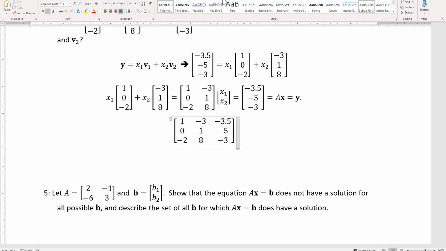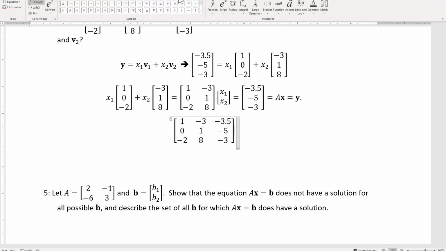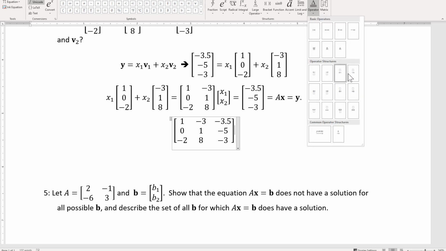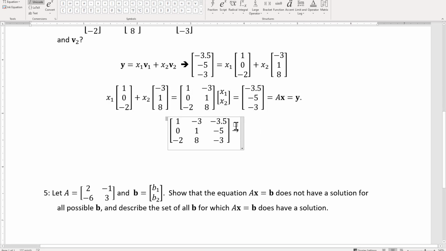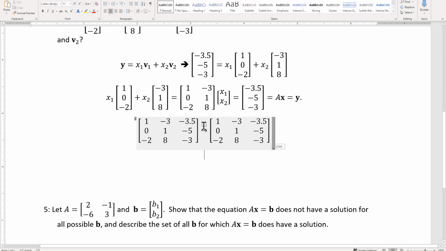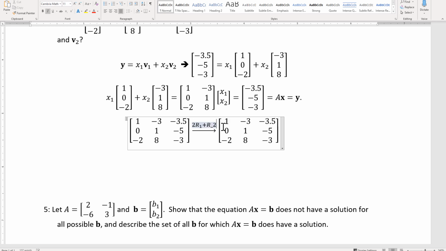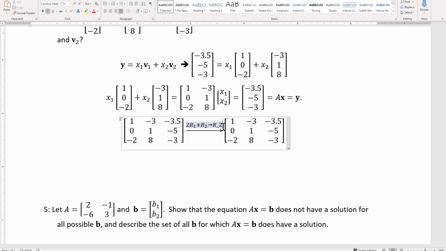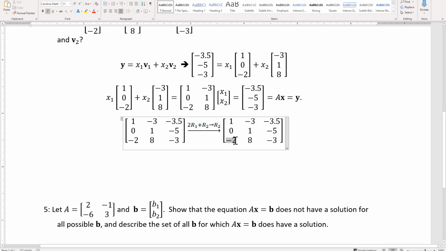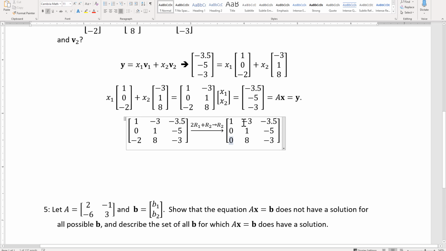So if we row reduce this, let's do the row reduction where we take the first row, multiply it by 2, and then add it to the second row, and then replace the second row. Then we would have 2 times 1 is positive 2, plus negative 2 is 0.